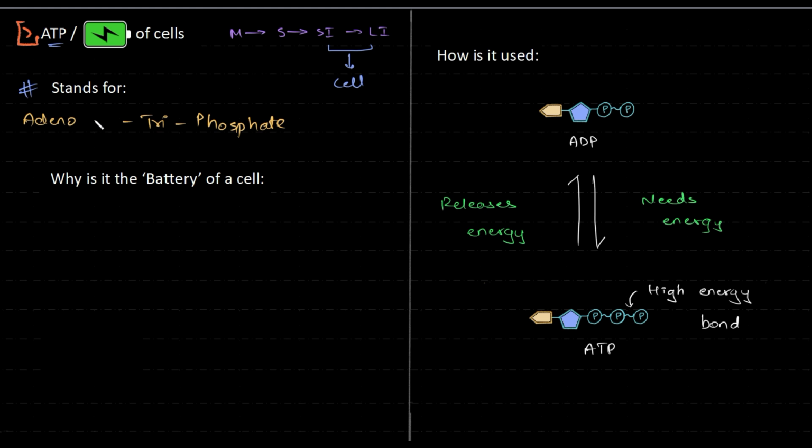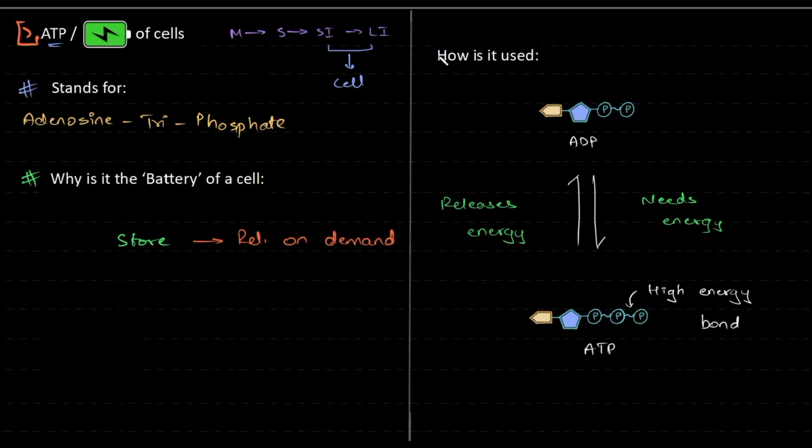It is adenosine triphosphate. Adenosine triphosphate. So why is it called a battery of the cell? That I answered already. Because it stores energy and it releases it on demand. And that's why it's a battery.